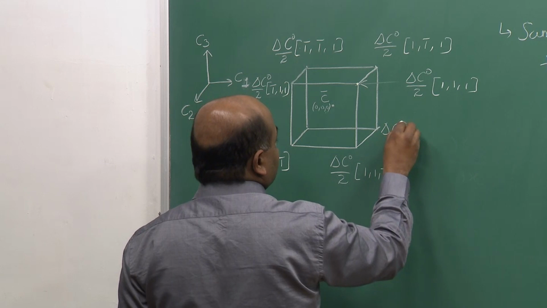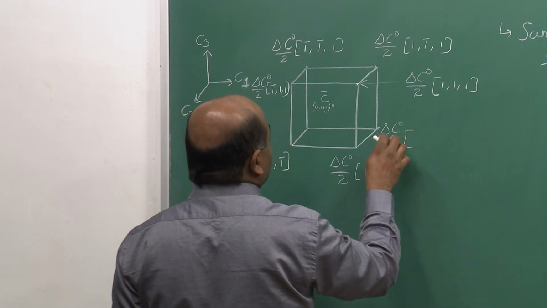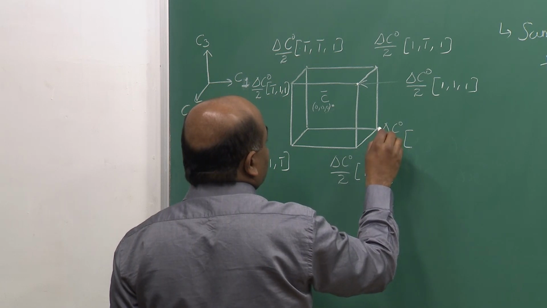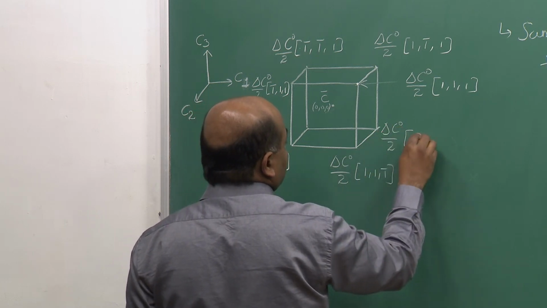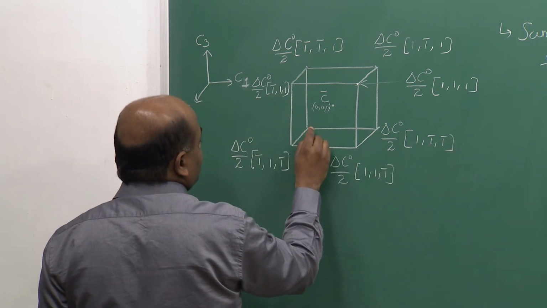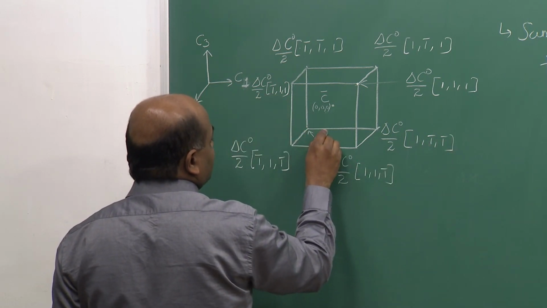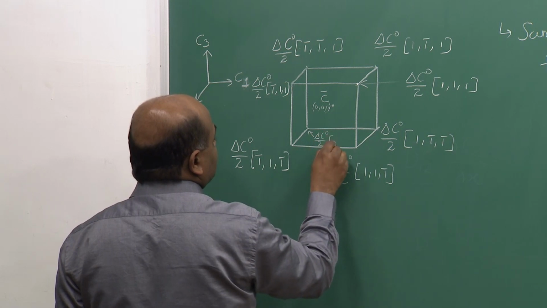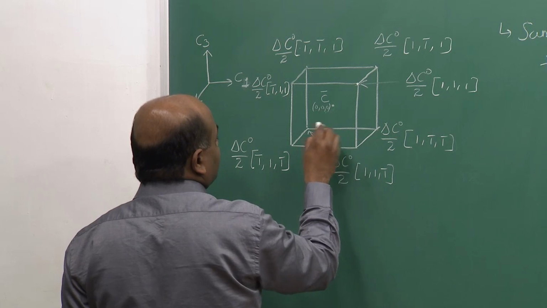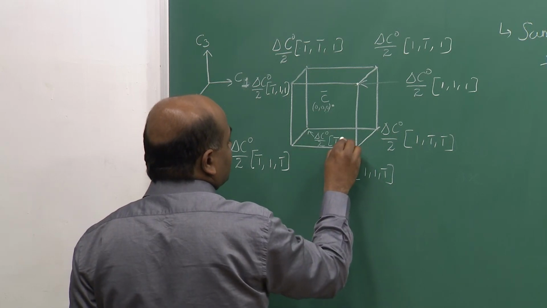This will be delta C0 by 2 (1 bar 1 bar 1)... and this here would be delta C0 by 2 (bar 1 bar 1 bar 1).